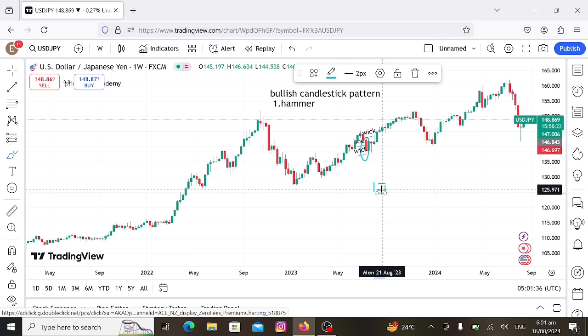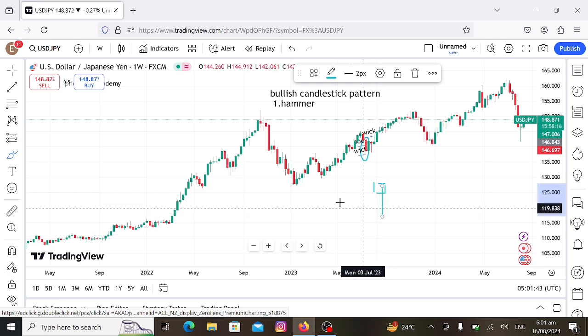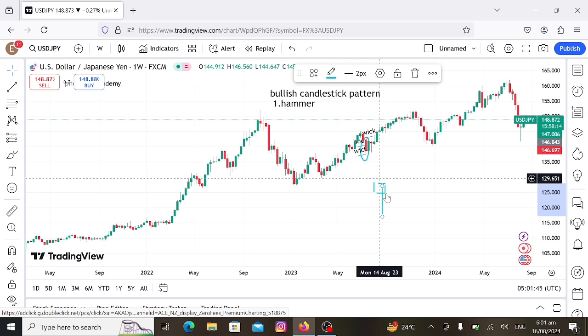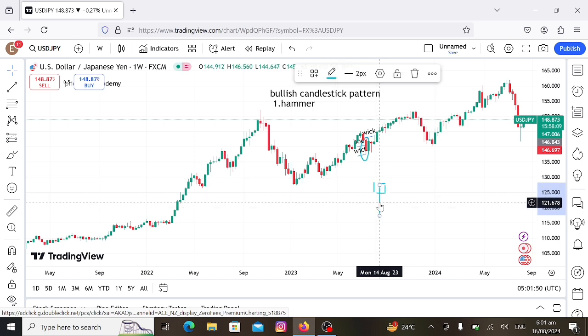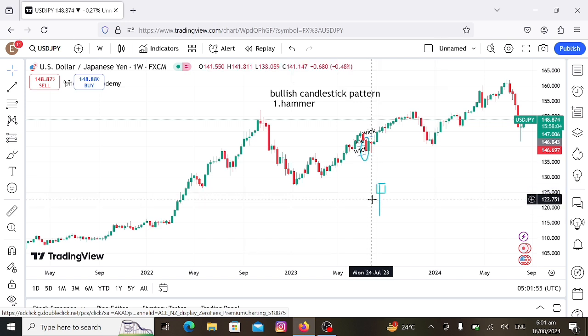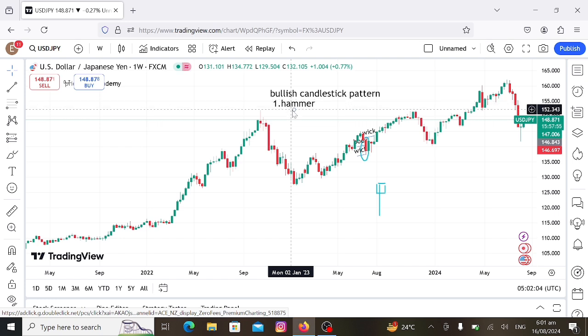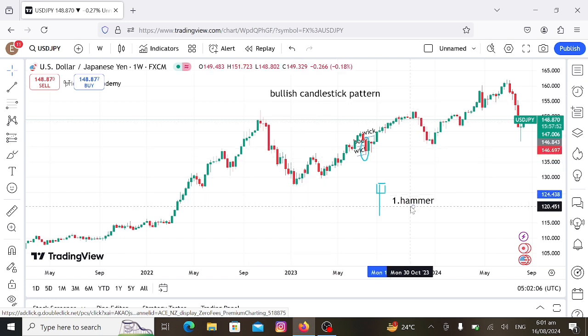We see a long wick coming like this. This is a hammer. This is how a hammer looks.